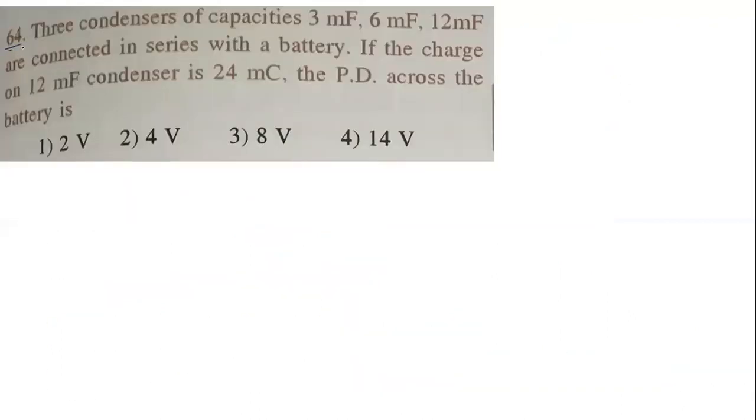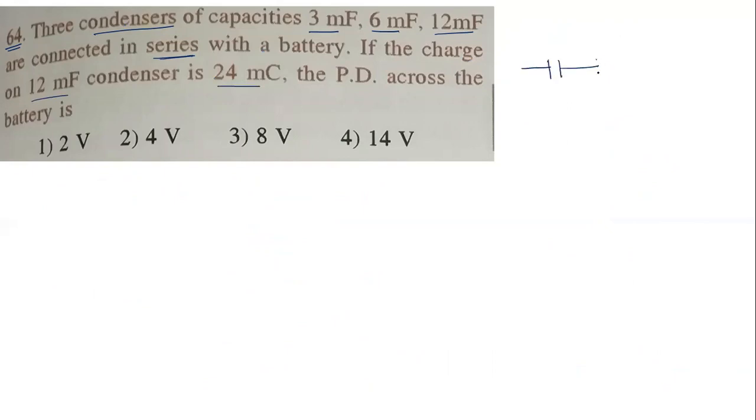Now, question number 64. 3 condensers. I told you already, condenser means capacitors, of capacity 3, 6, and 12, are connected in series combination with the battery. If the charge on 12 microfarad is 24, let us draw a simple diagram.